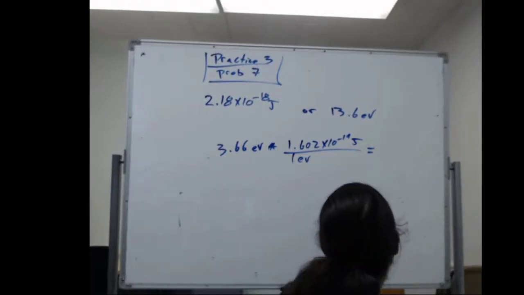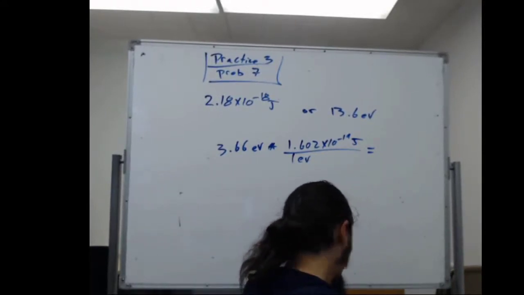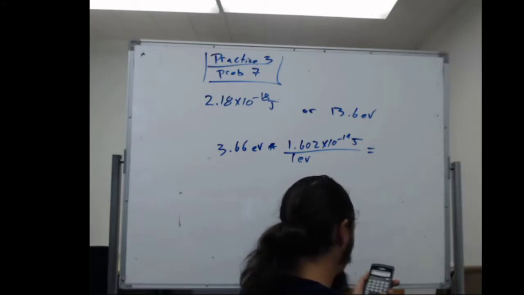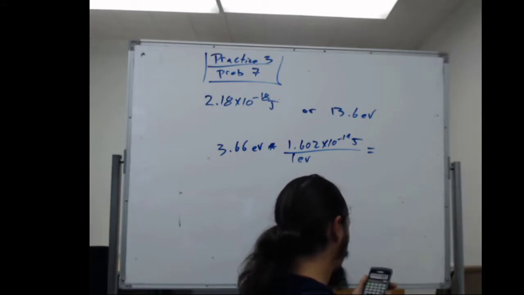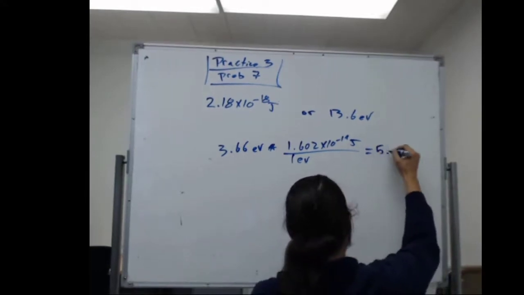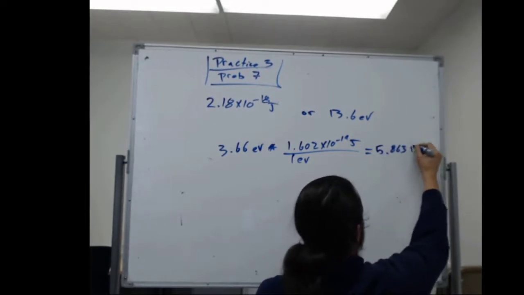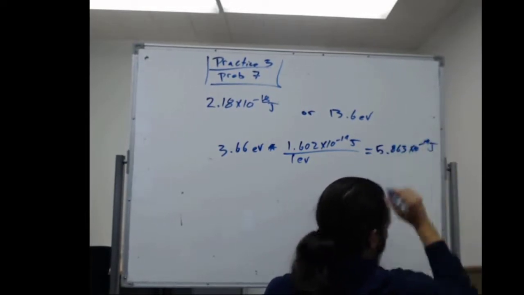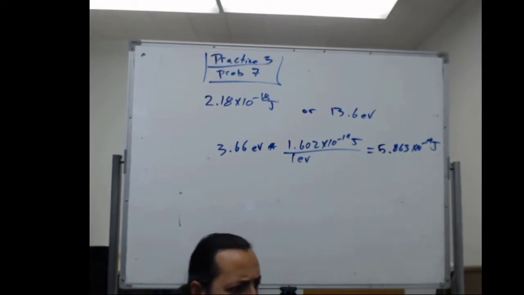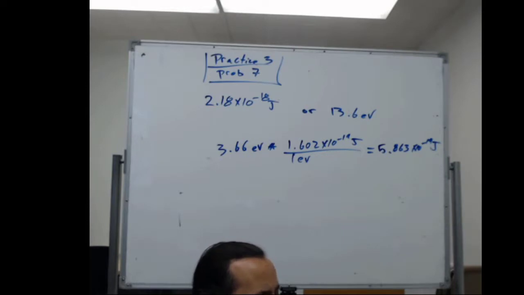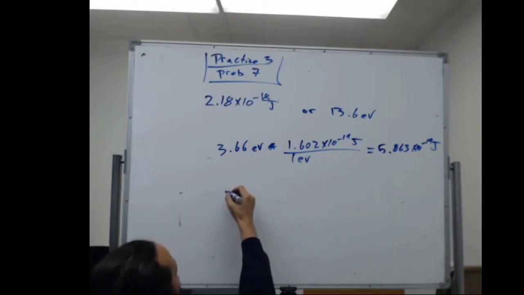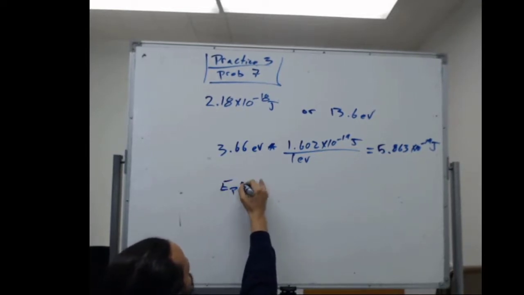That will give me 3.66 times 1.602 times 10 to the minus 19, which is 5.863 times 10 to the minus 19 joules. I don't know if that's in the visible spectrum yet. So that's going to be part one of the question, or the first box in the question, what's the energy in joules. Then I can take that and use this relationship.